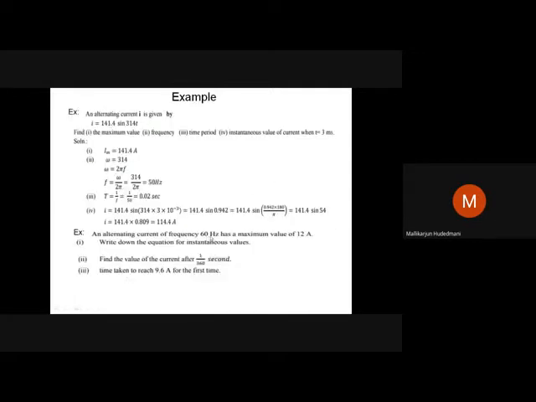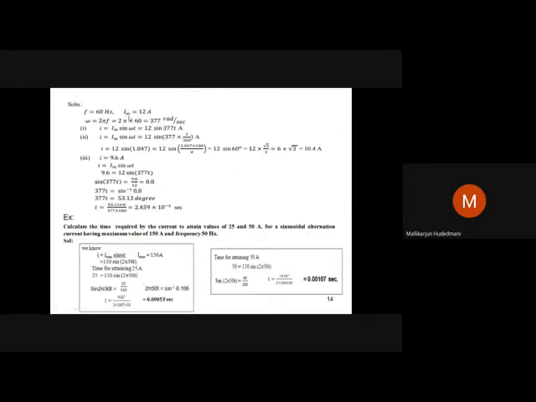It is a 60 hertz wave. It has a peak value of 12 ampere. Then I will write here Im equal to 12. Then I require omega. Omega is 2 pi f, 2 pi into frequency of 60, which stands as 377 radian per second. So are you sure? Omega in radian per second. Then I will present it in the position.